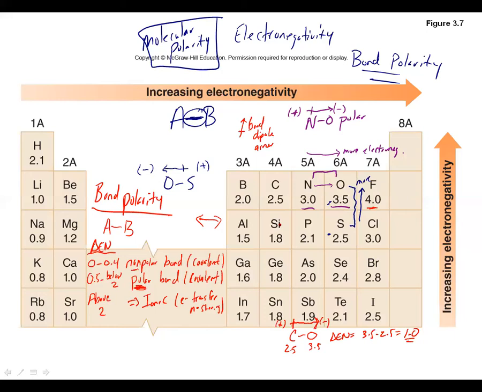Now, we also talked about, if you take something like potassium fluoride, potassium is 0.8 and the fluorine is 4. So if you take the difference in electronegativity, you have 4 minus 0.8 equals 3.2.